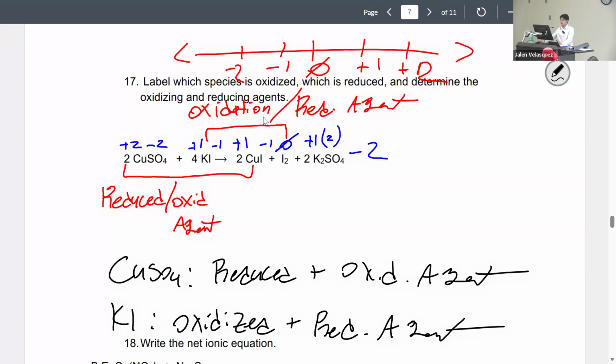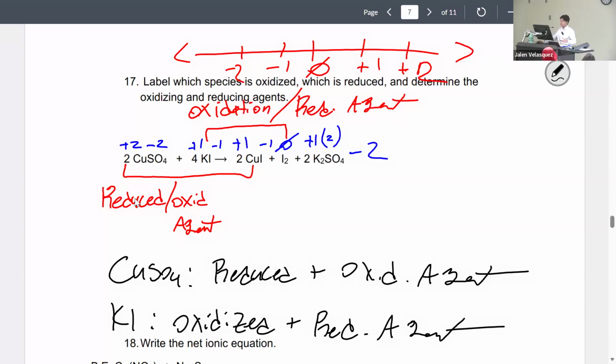When it's happening in these reactions, those electrons can't just chill out by themselves in free space, right? They've got to go somewhere. So because KI lost its electrons, it was oxidized, it's the reducing agent because it caused something else to become reduced, right? It caused the copper sulfate to take its electrons and it forced it to become reduced, right?